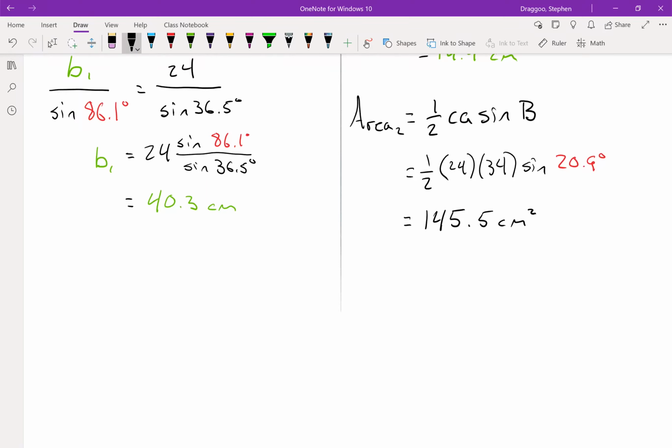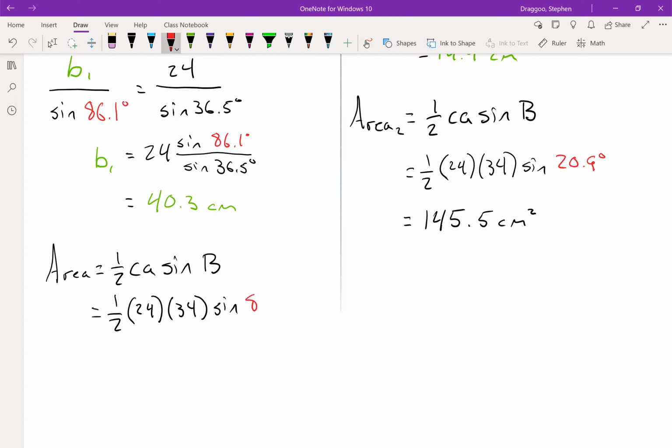And we'll look for the same thing for that first triangle on the left. We'll use that same formula. 1/2 CA sine B. So 1/2 24 times 34 times the sine of angle B, which in this triangle is 86.1 degrees.